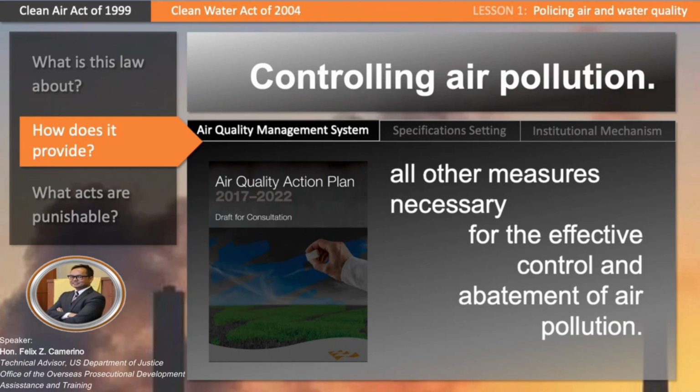So, if there's an activity or measure that's not already in the action plan, but that activity or measure is necessary for the effective control and abatement of air pollution, then it is essentially covered by this law already, because this provision covers everything else that is not specifically covered.